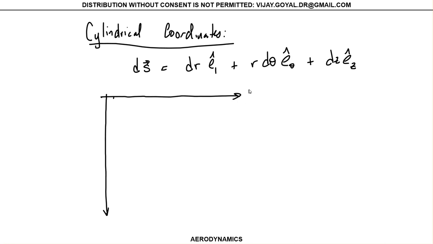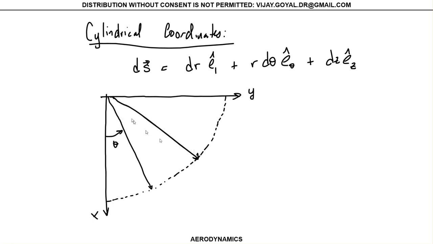Now let's take a position vector. I have y, I have x, and now I'm looking from the top, and I have a rotation that looks something like this. It's a perfect circle. Now I have a position here at theta, and then another position at another moment, that is theta plus d theta. We know that both are at r, the same radius.